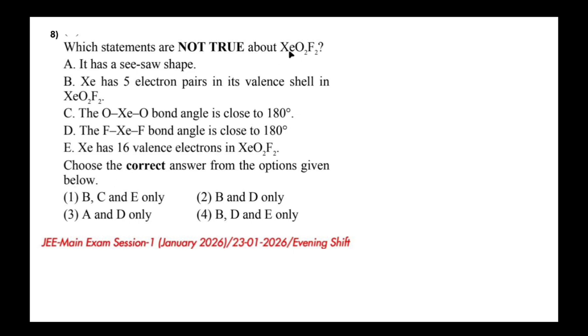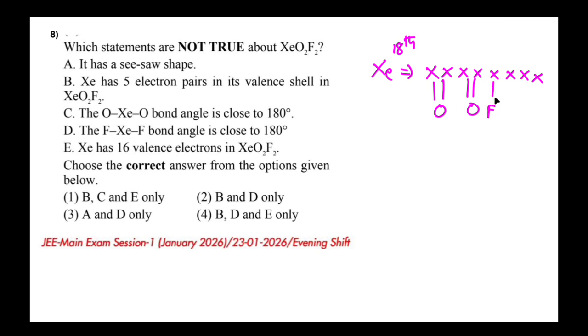Once you observe the structure, xenon belongs to the 18th group. The valence electrons are 8 electrons: 1, 2, 3, 4, 5, 6, 7, 8. It is bonded with 2 oxygens and 2 fluorines. With each oxygen, xenon utilizes 2 electrons. Then with each fluorine, 1 electron.